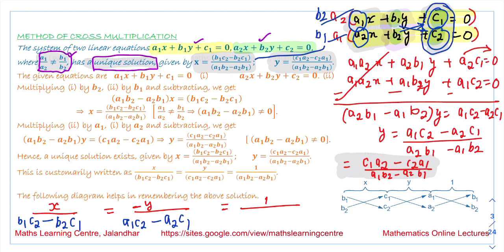Now the coefficients we have, when we cross multiply, give a1b2 minus b1a2.